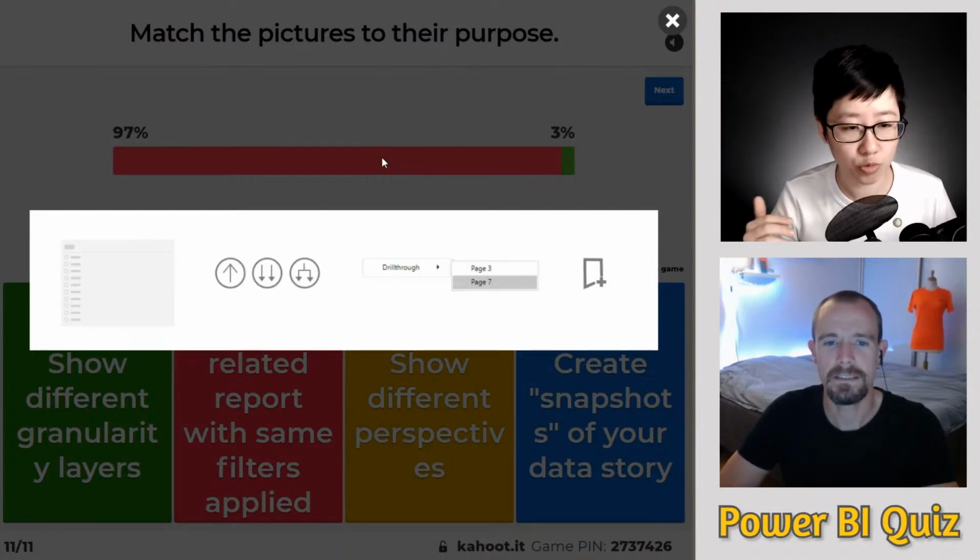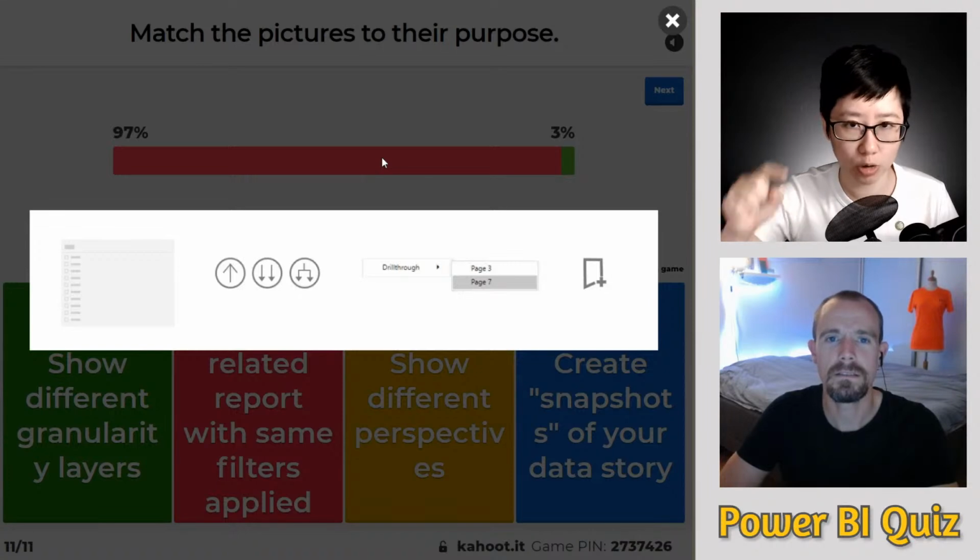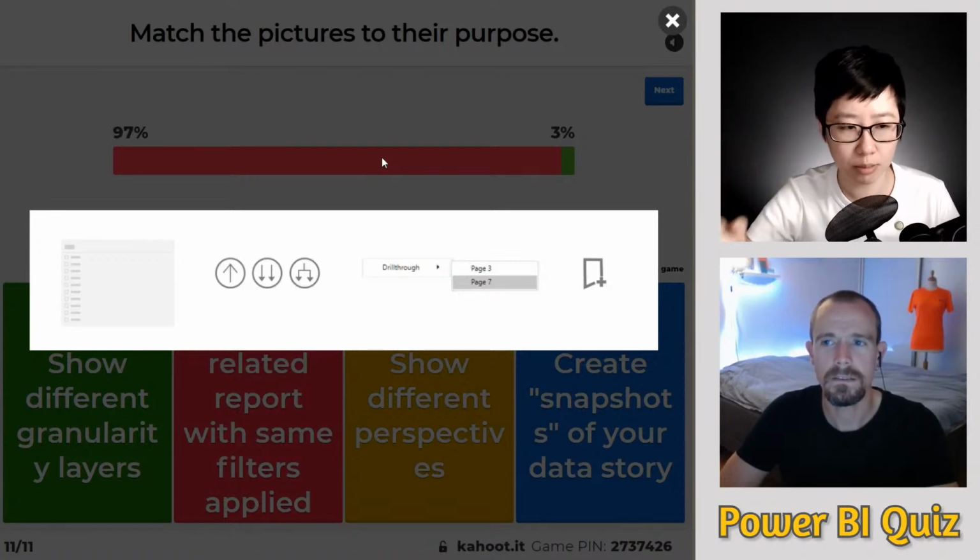I think this was really brilliant when Microsoft came up with this in Power BI, because usually when you're presenting in a boardroom of sorts, you might say, I'm showing you this view. This is for, let's say, 2020. I'm showing you 2019. I filtered it for only the Asian market and only for perhaps the online channels.